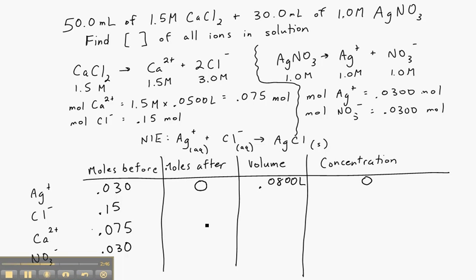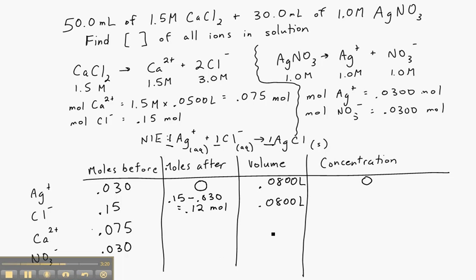In the case of chloride, we've got our starting number of moles, and then we have to subtract the number of moles that would have reacted with the silver. Because it's a 1-to-1 ratio up here, 0.03 moles of chloride must have reacted with 0.03 moles of silver, which leaves us with 0.12 moles of chloride remaining, unreacted.